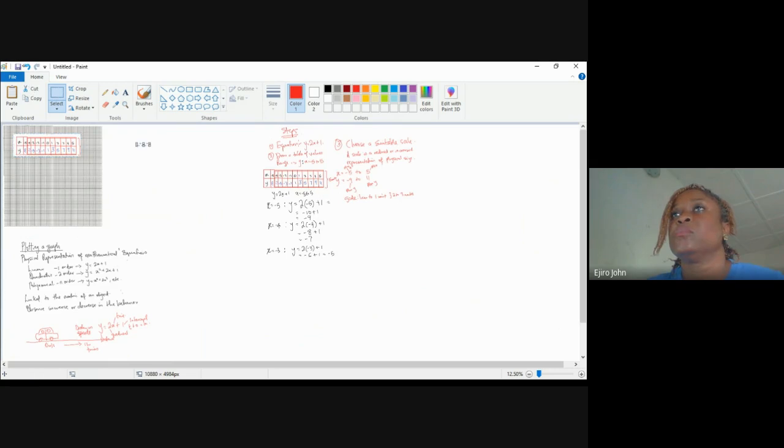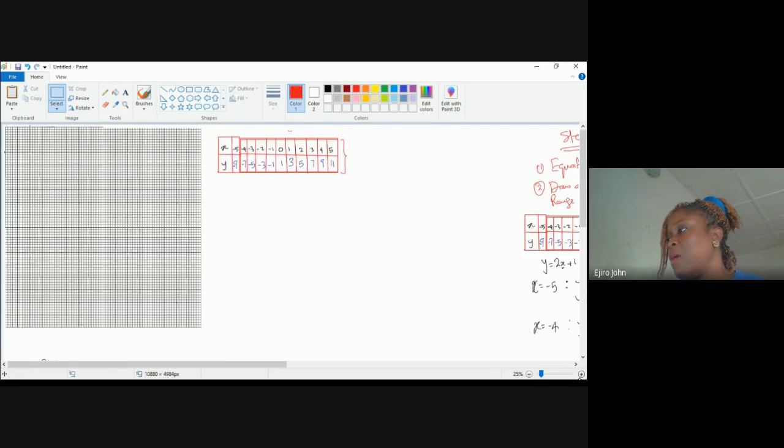Undo, undo, paste. Okay, so now we have our table copied here. So now let's go ahead and try to plot the graph. We have the table, so the next thing is to plot the graph.